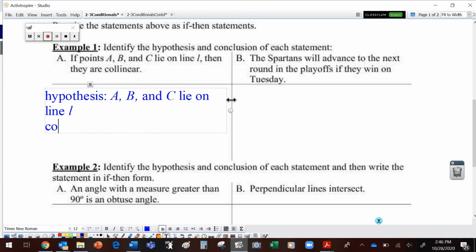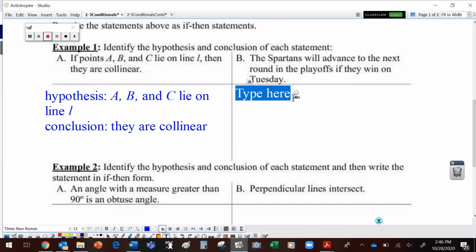The conclusion is what we can say based on that hypothesis. And what we can say here is that they are collinear. And that's really the definition of collinear, points that lie on the same line. And let's get this squared up. There we go.